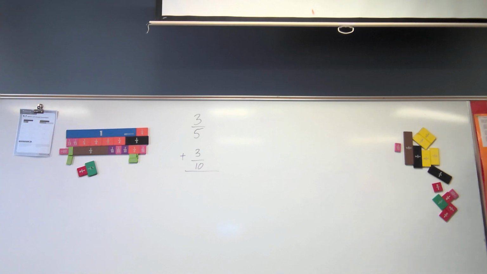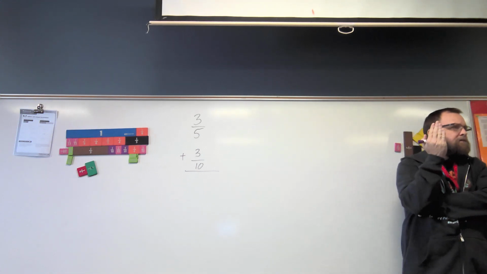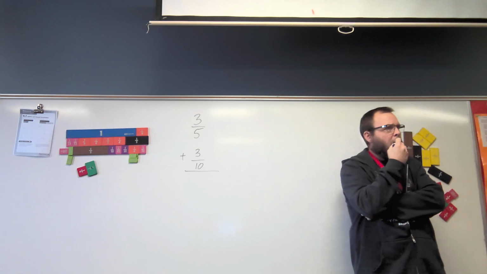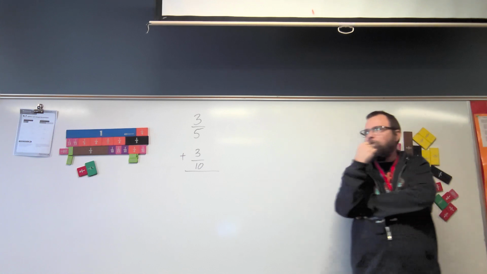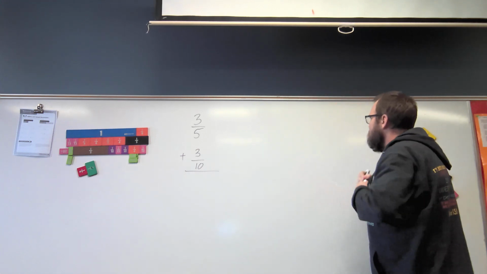If you had 5 pieces of candy and you ate 3 of them, did you eat less than or more than a half? More than a half. 3/5 is more than a half. What about 3/10, Amory? 3/10, is that less than or more than a half? Less. Good. Good. Now we got to find our least common denominator.